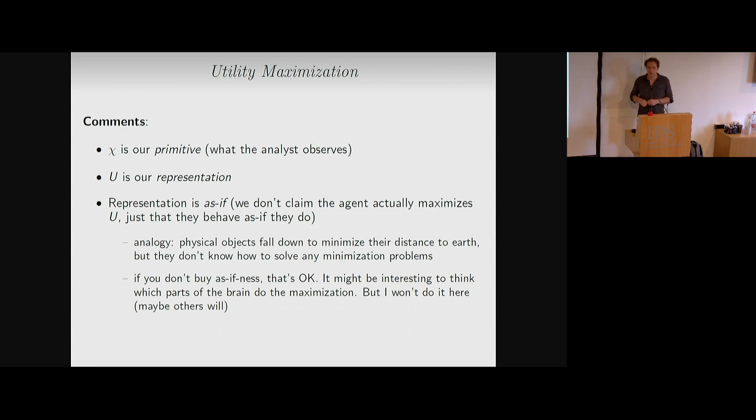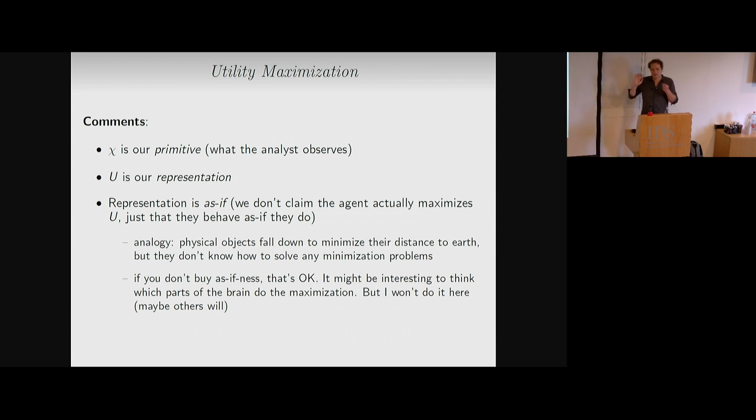An analogy that I like is with physical objects. If I let this clicker go, it's going to fall, and it's going to behave as if it minimizes the distance to the center of Earth. But this marker doesn't know how to maximize anything, but it behaves as if it does.